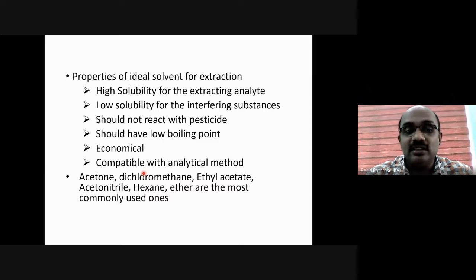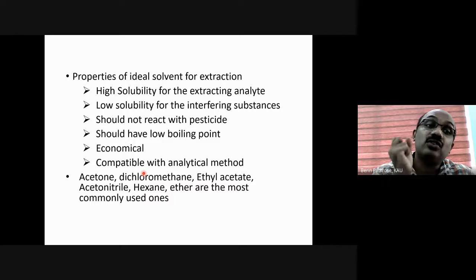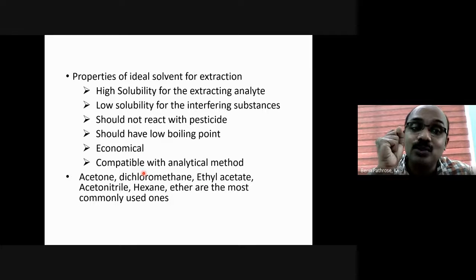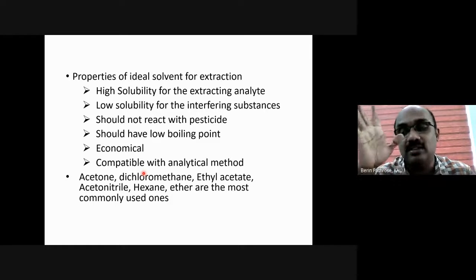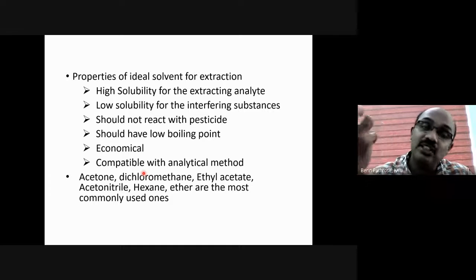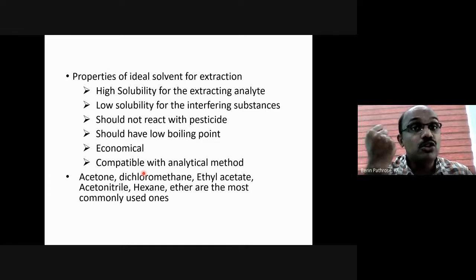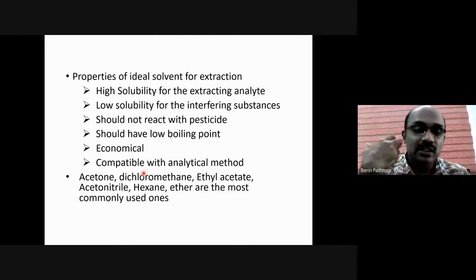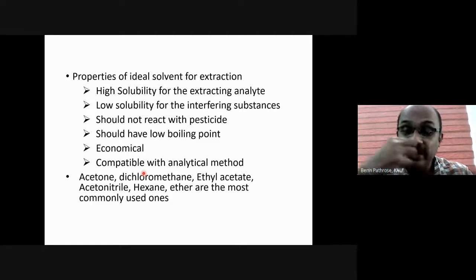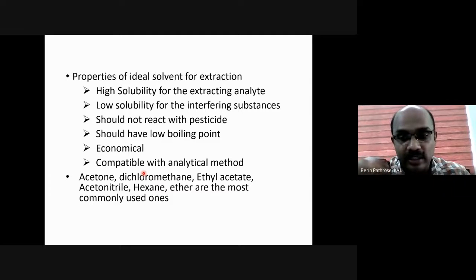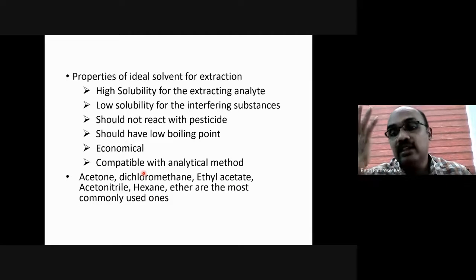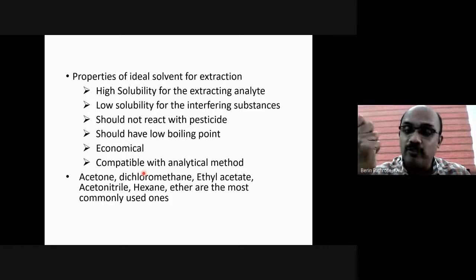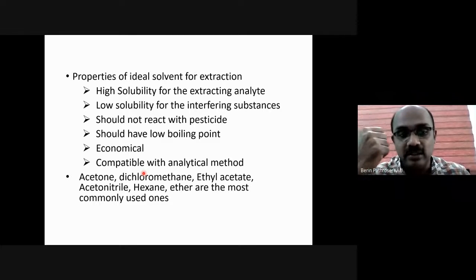One thing is, whatever solvent you use, it should have high solubility for that pesticide. That means the pesticide which we are trying to extract should be easily soluble in that solvent. Take the case of hexane. Hexane is a non-polar solvent. That means it mainly solubilizes lipophilic materials.